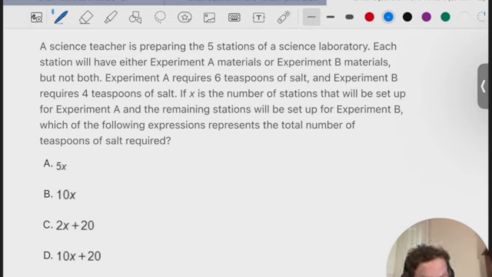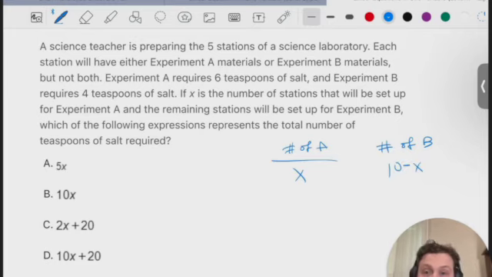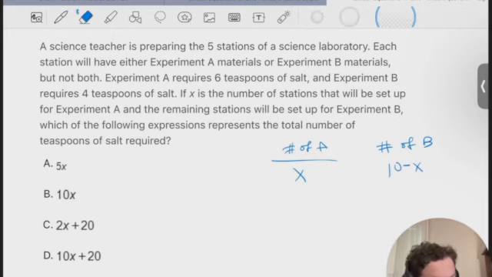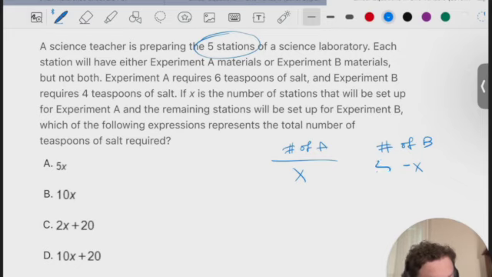Okay. So number of A experiments is called X. Number of B experiments is everything other than the X. So it's 10. Now let's see. The 10 was just a made up number. 5 minus X. Cool. So now we want to get this in terms of table salt.